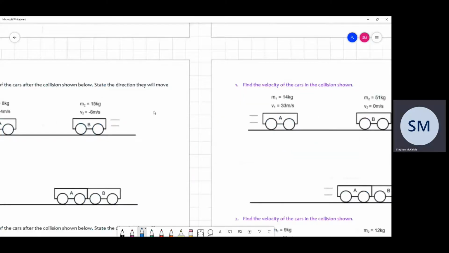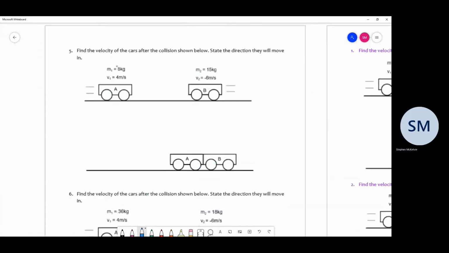So find the velocity of the cars, take the direction they will move in, do the same thing. 8 times 4, 32. 15 times minus 6, minus 90.